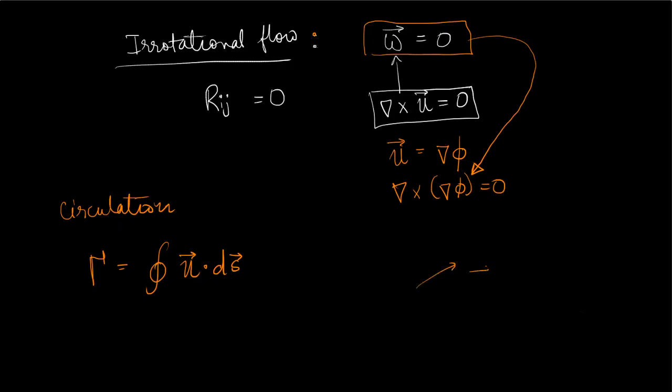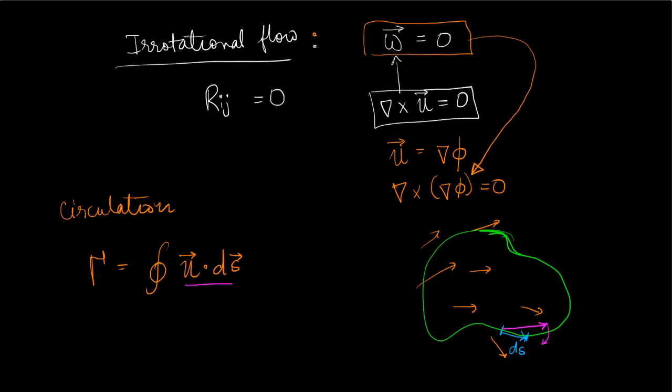So if we have a flow field which looks something like this, and if we can imagine a closed contour in the flow, then the circulation is, if this element is ds along the contour, I will take the u component at this point, project it on the boundary, that is u dot ds, and integrate it over the entire boundary.